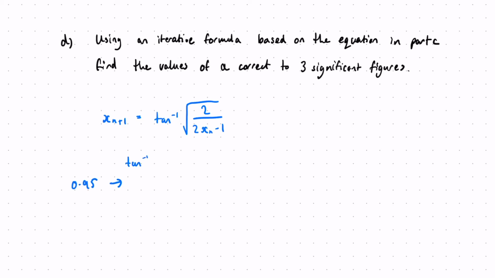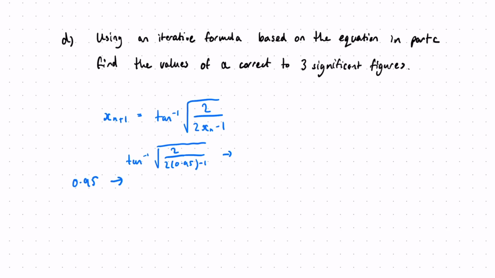I'm going to do the inverse tan of root 2 over 2 lots of 0.95 minus 1 on my calculator. And that gives me the solution 0.97992. Okay, this is not correct for 3 significant figures currently, so I need to do the process again.